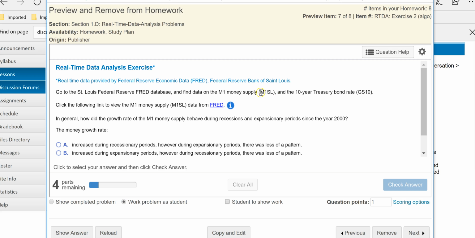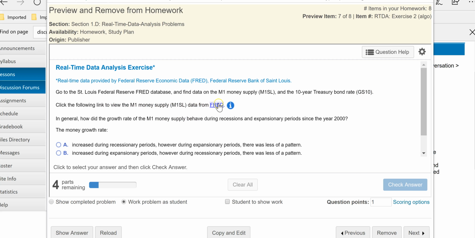This is very important information because later on, as I will show you, you can directly put this symbol in without any confusion and get the data. And the 10-year Treasury bond rate also has a symbol here.